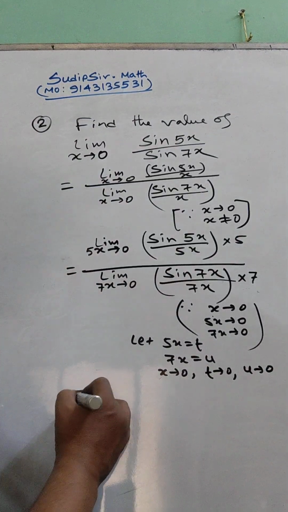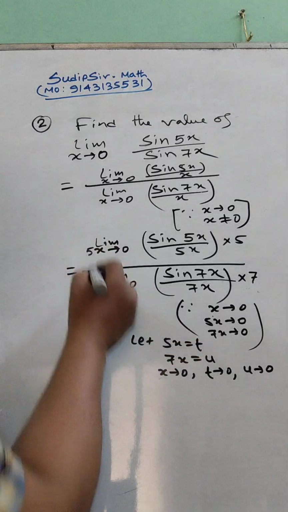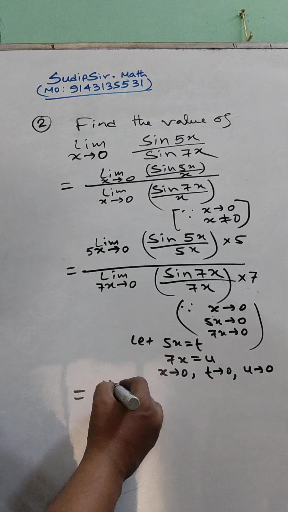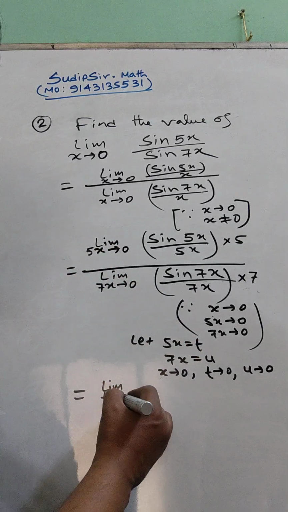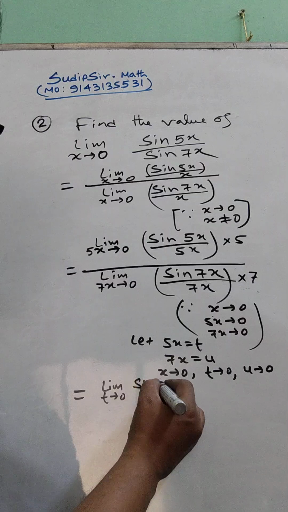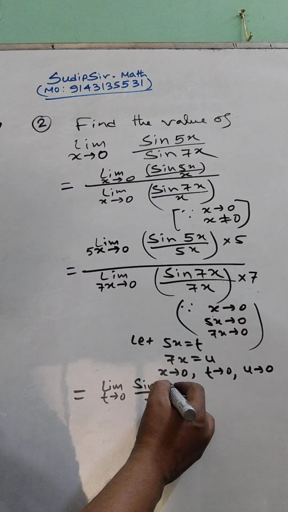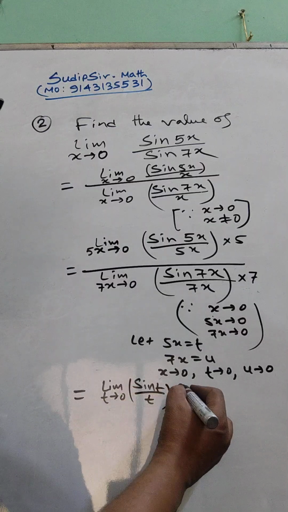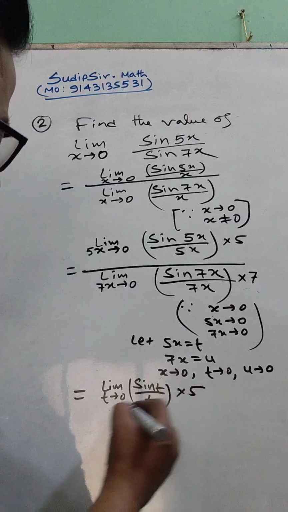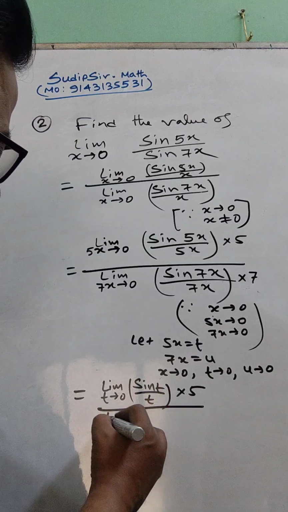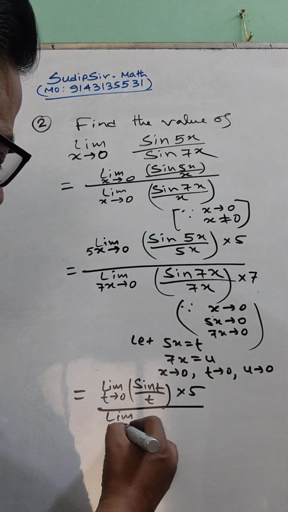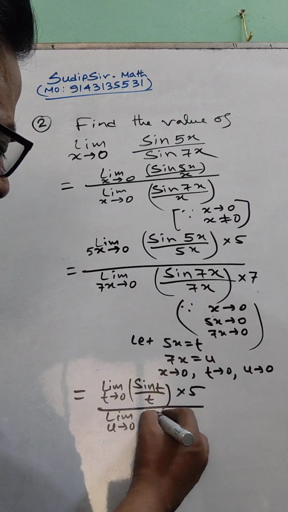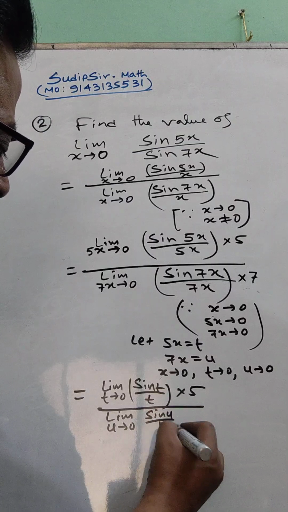So this value will be limit t tends to 0 sin t by t, which is our standard form, into 5, and the denominator also limit u tends to 0 sin u by u.